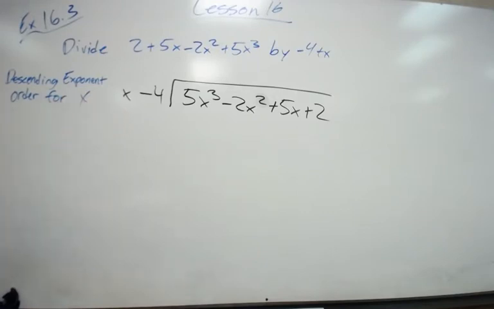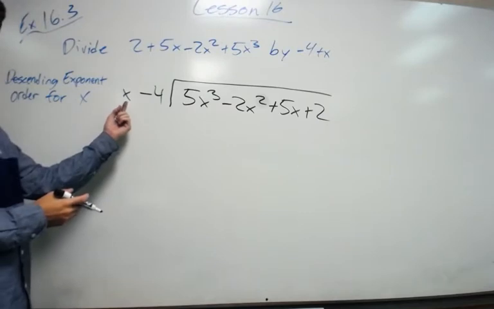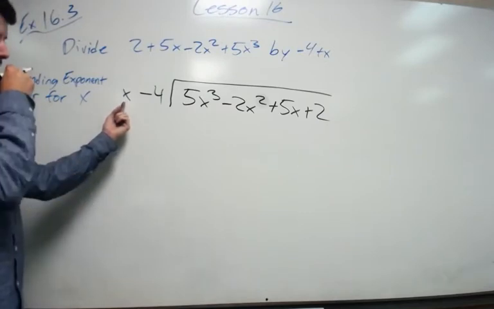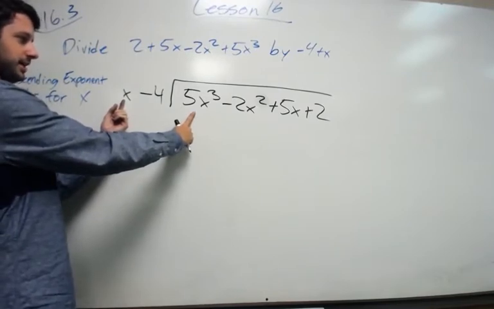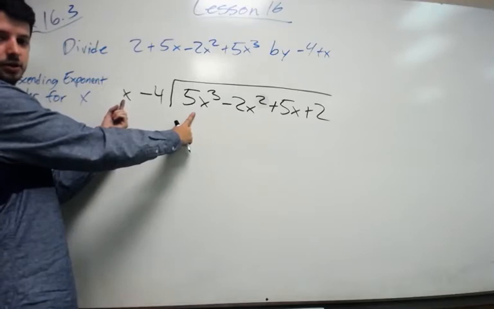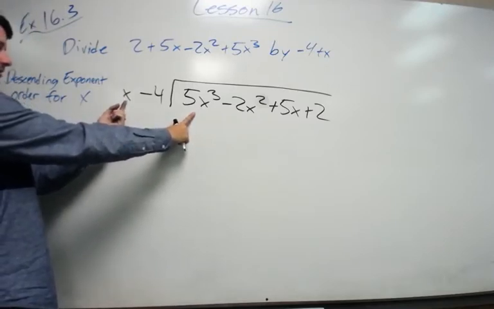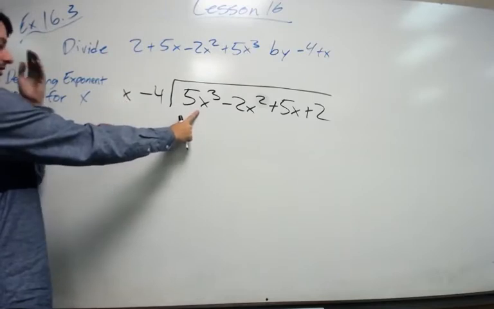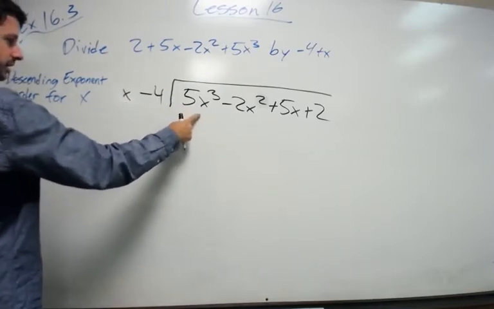Now, when we divide, what we're going to do is look at this x. I'm going to start here. Look at the x, and the first thing we're dividing by is the 5x cubed. What we have to do is basically match the x to the 5x cubed. So we're going to multiply the x by what it's missing here.